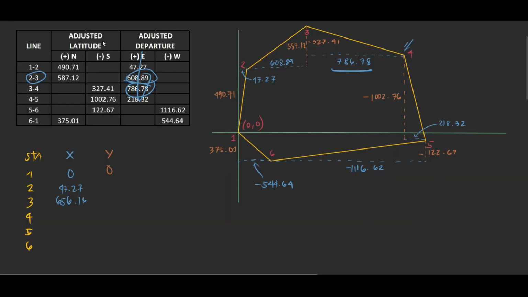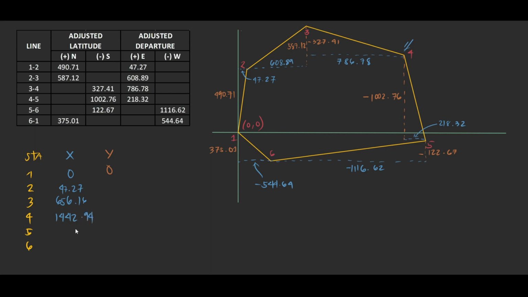Okay, so let's do this. 656.16 plus 786.78. So that will be 1442.94.